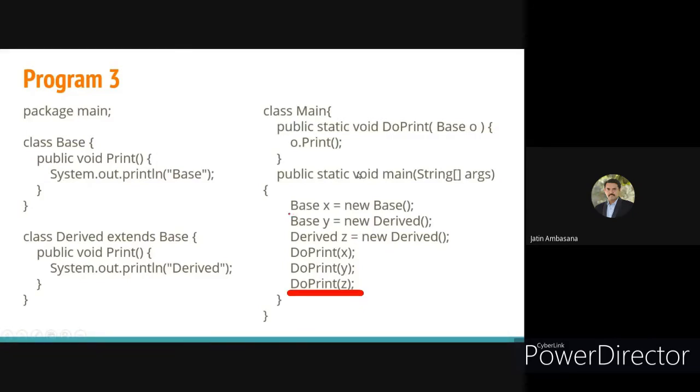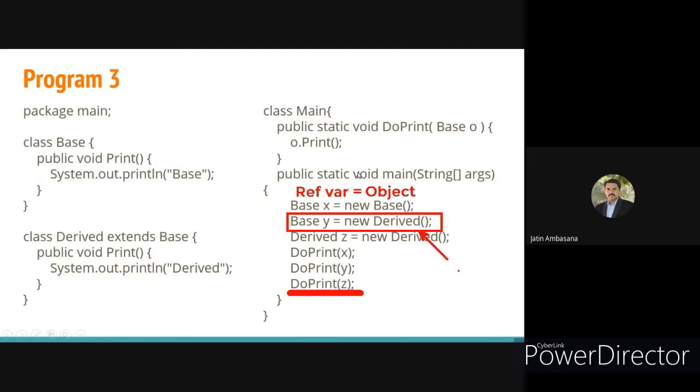Because here on this line, the left hand side is the reference variable, which is of base class, and the right hand side is the object, which is of derived class.